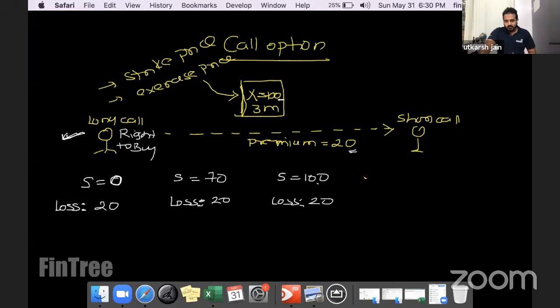Now, this is where it gets super exciting. A lot of people I've seen make mistakes here, so I want you to be alert with this. Now the stock price has become 110. Now tell me, will he buy or will he not buy?